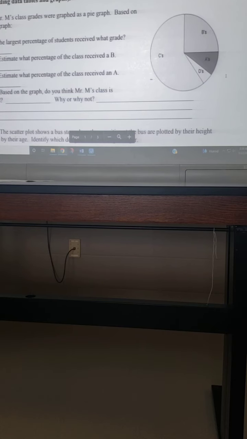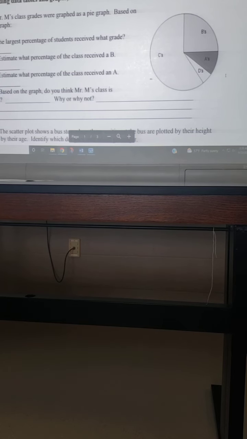So any of those arguments, as long as you can support your answer, that's what I'm more about than saying you have to match my answer. So if I said, I think this was an easier class because there weren't as many D's and F's, as long as I can defend that, that's correct. If you're saying, no, it's a hard class because there were more C's than anything, if it was easy, there should be A's and B's, right?